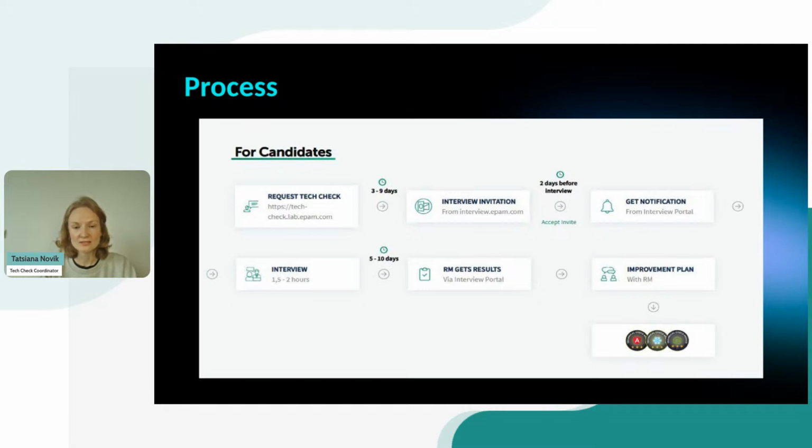The third step is receiving a notification from the interview portal when the session is scheduled. In this email notification, there will be the exact date and time for the session, and the instructions on how to join the interview platform.